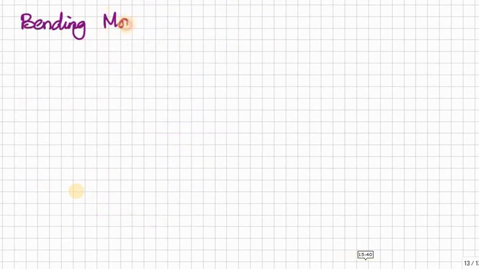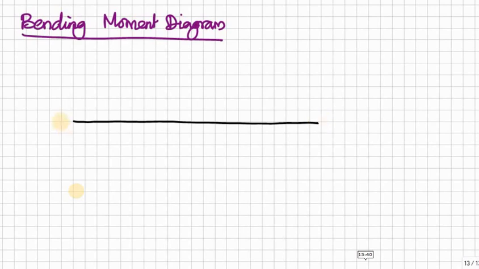So the next step is the bending moment diagram. So first draw the elastic line A, B, C, and now we have to mark the support moments first. So at support A we have 107.40 and at support B we have 55.20.